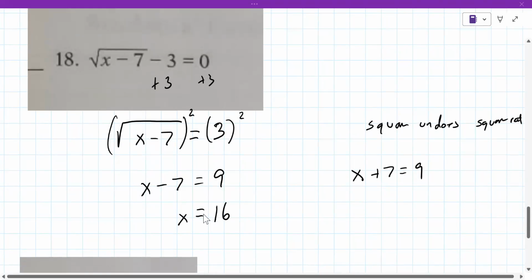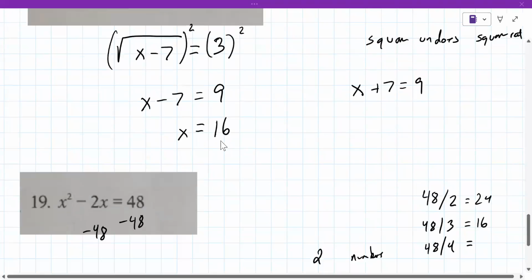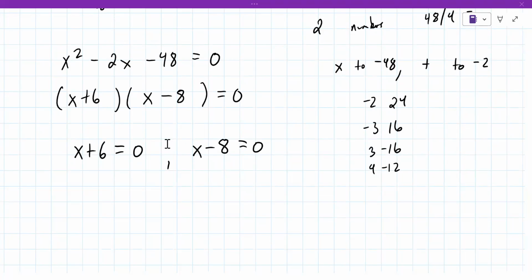What did you do here to solve this? Oh, we did addition, we added 7 to both sides. Yes. So I would say let's subtract 6.